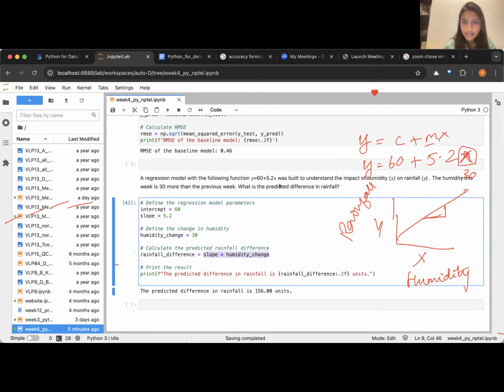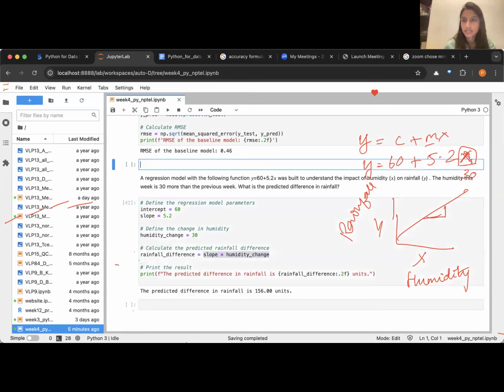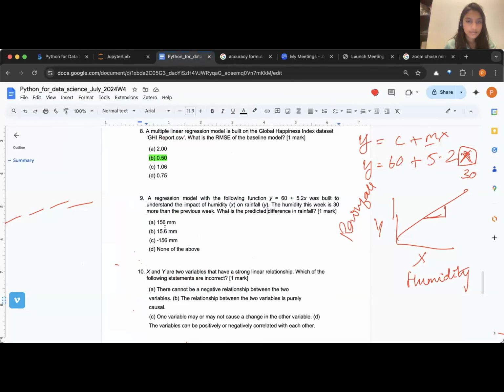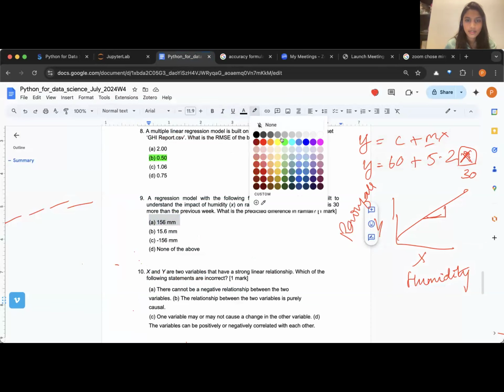You need to calculate the rainfall difference, not the rainfall itself. So you run that, and the predicted difference in rainfall is 156.00, whatever the units are. If you look at our options, it's 156 millimeters. That is our answer.